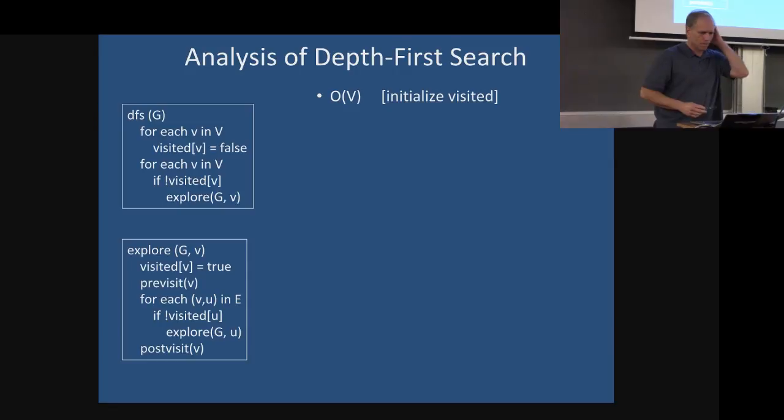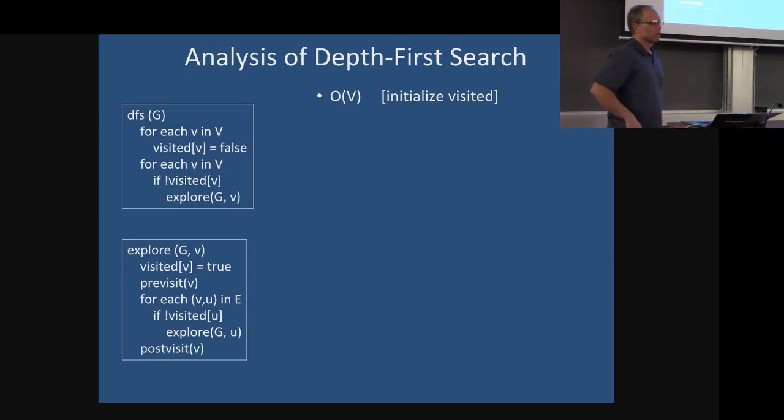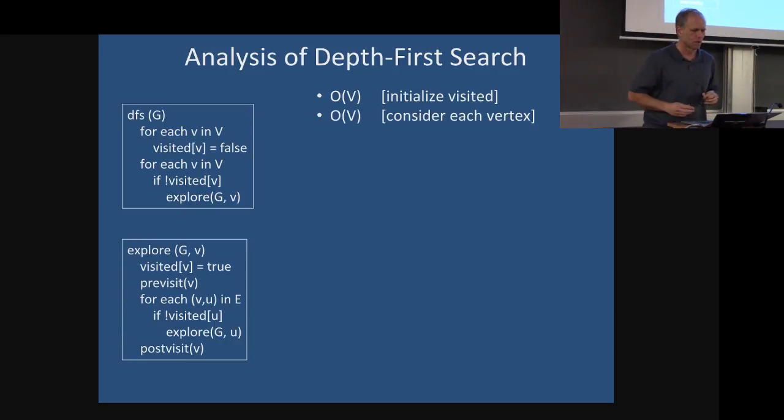So the first thing we have to do is initialize the visited array. Right? That's easy to see. That's O of V. Time is proportional to the size of the array we're initializing. And then think about that for each loop right there. I don't know how complex the body of the loop is, but the cost of iterating through the available vertices takes linear time, just enumerating the vertices.